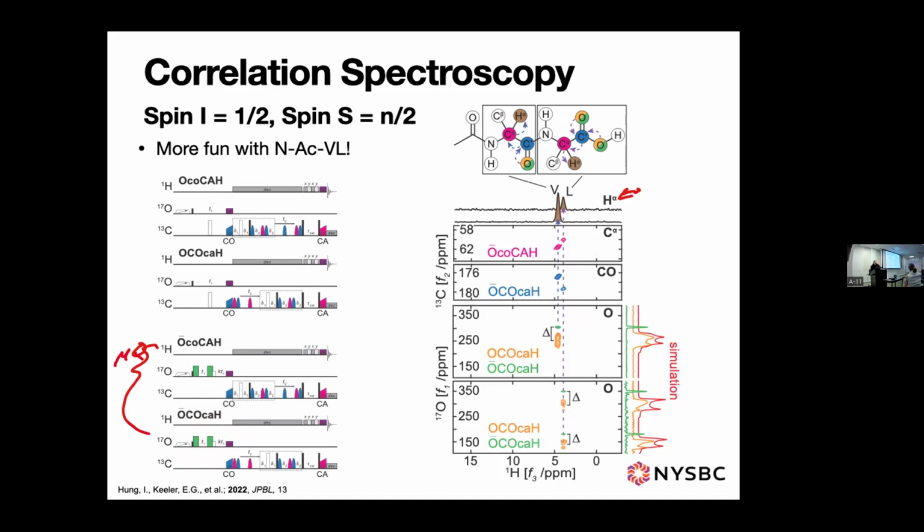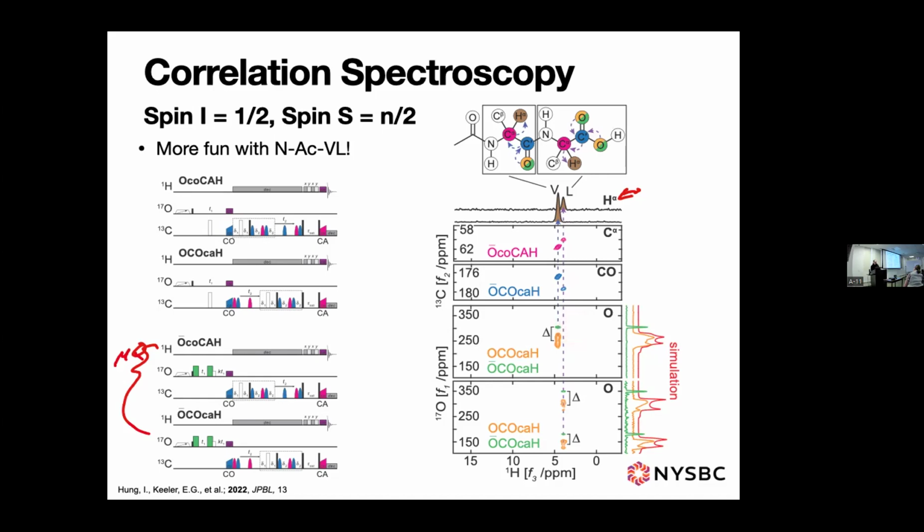So then if we look down at the two oxygen dimensions that are shown, in the two experiments with and without, you can see this delta in the center of gravity shift to the isotropic frequency, and you can see the breadth of this yellow-orange spectrum versus the narrowness of the isotropic shift, in this case in the valine oxygen.